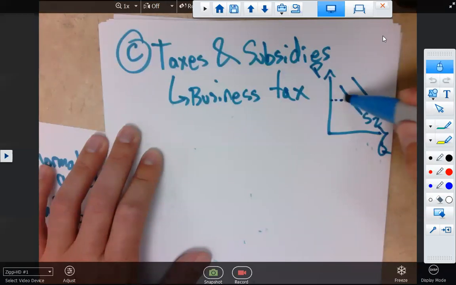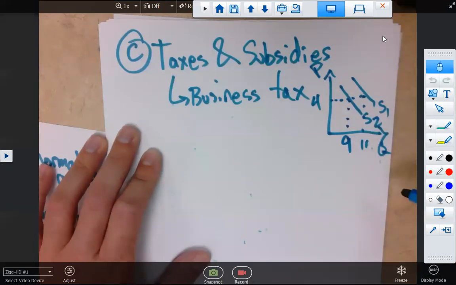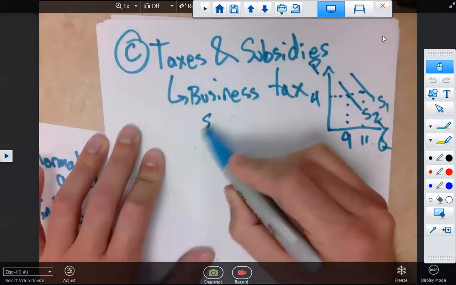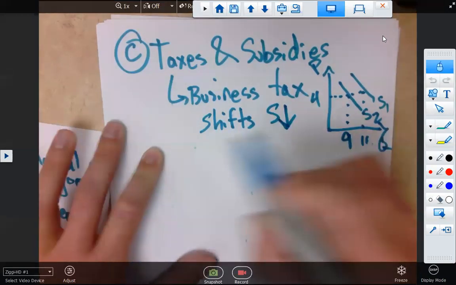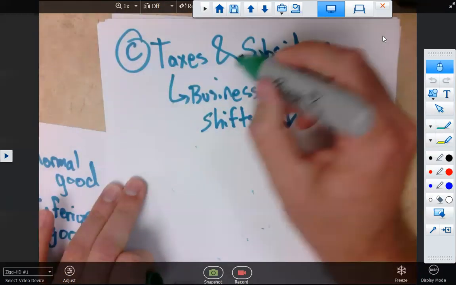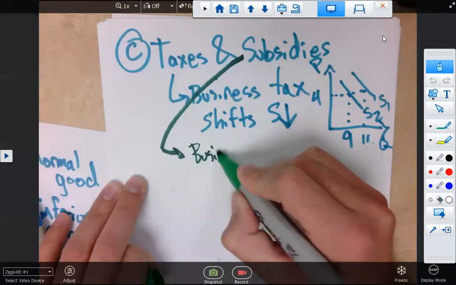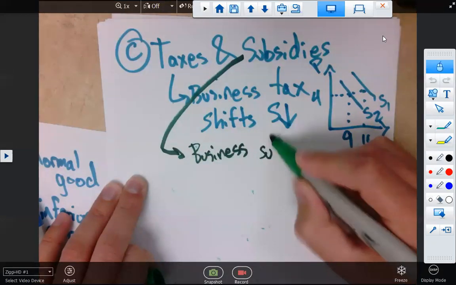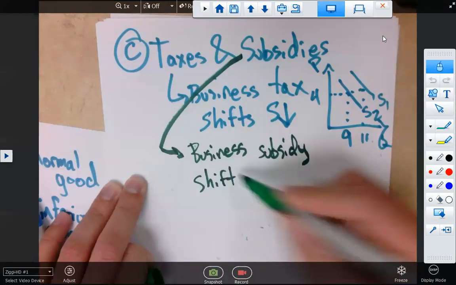So at any given price, at that $4 mark, instead of providing 11, now you're only going to provide 9. So business tax shifts supply down, and a business subsidy is going to shift supply up.